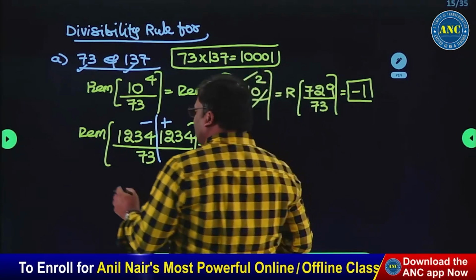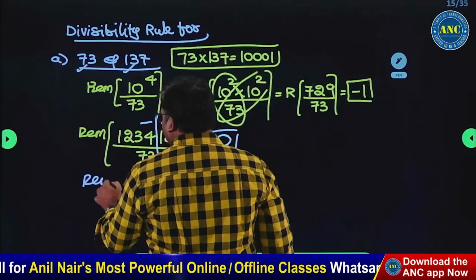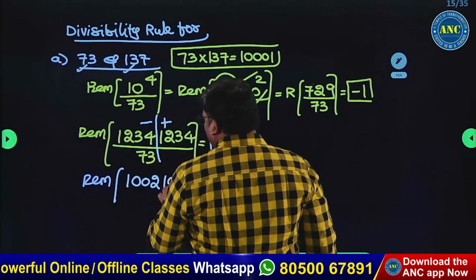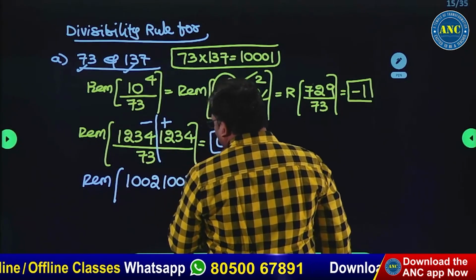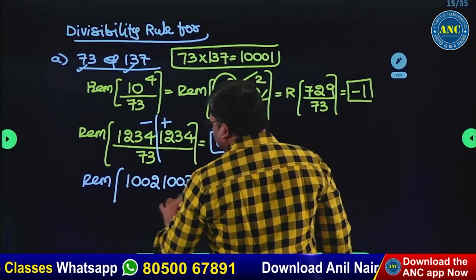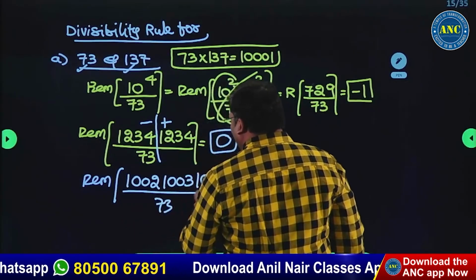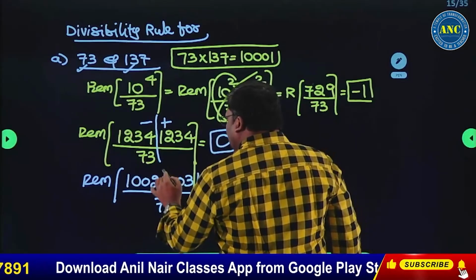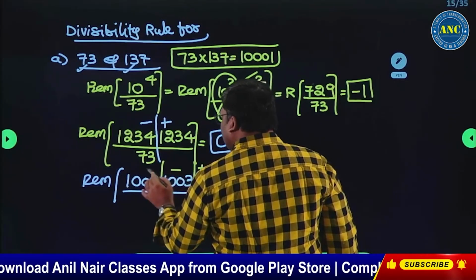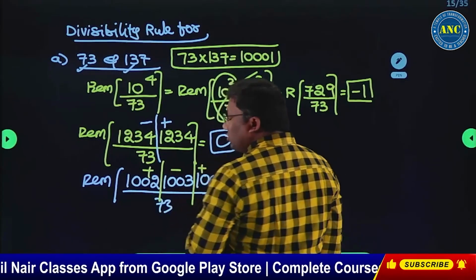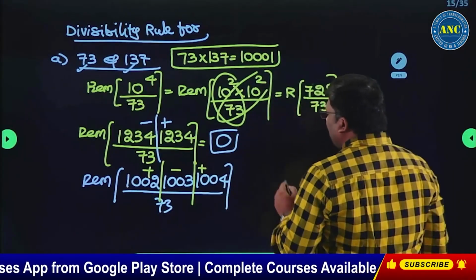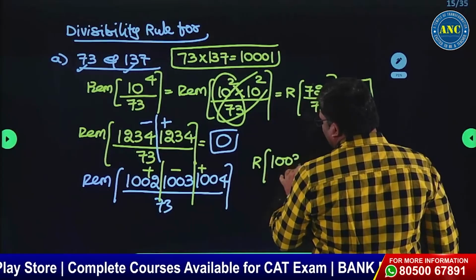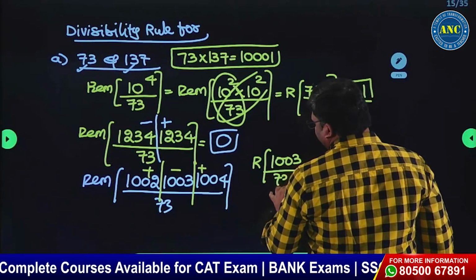Suppose the question is 1002, 1003, 1004 divided by 73. Take a group of 4 digits, alternatively plus minus. 1004 minus 1003 is 1. 1 plus 1002 is 1003. So 1003 divided by 73.